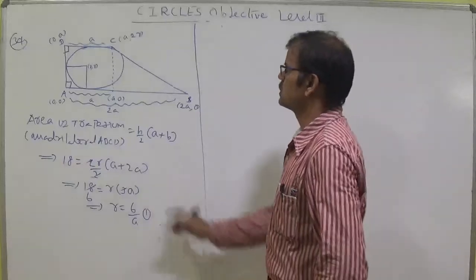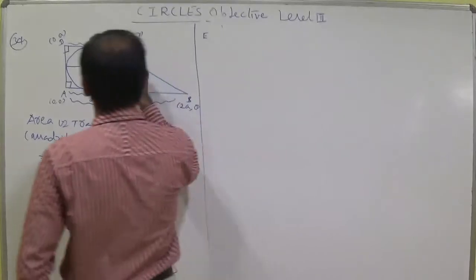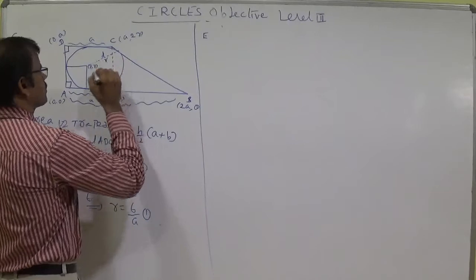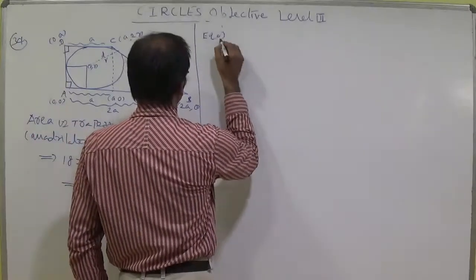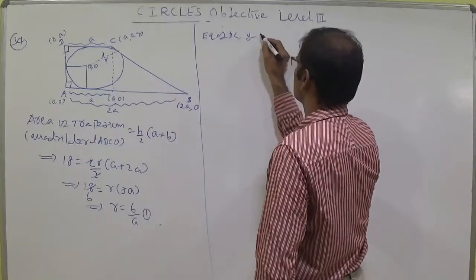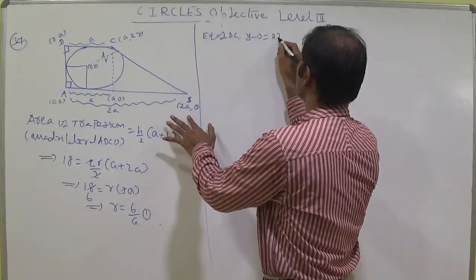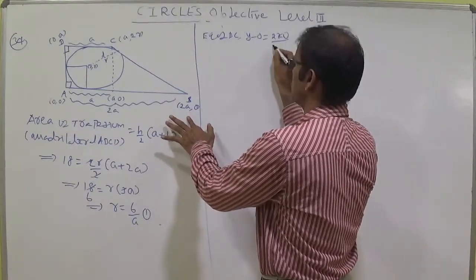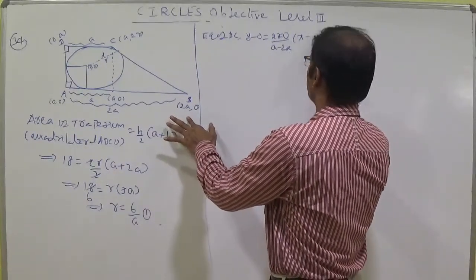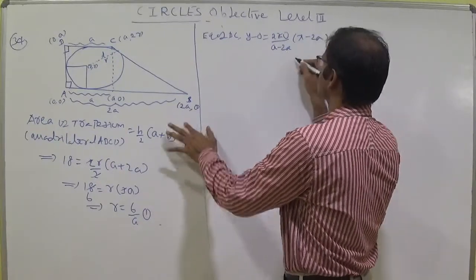Now we can find the equation of BC and use the r is equal to d concept. This is the center, this is d and this is r. Equation of BC: y minus y1 is equal to (y2 minus y1) by (x2 minus x1) into (x minus x1). Y minus 0 is equal to (2r minus 0) by (a minus 2a) into (x minus 2a).